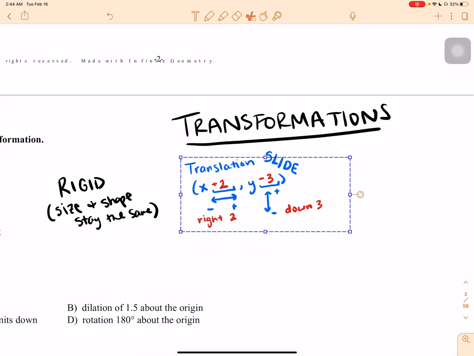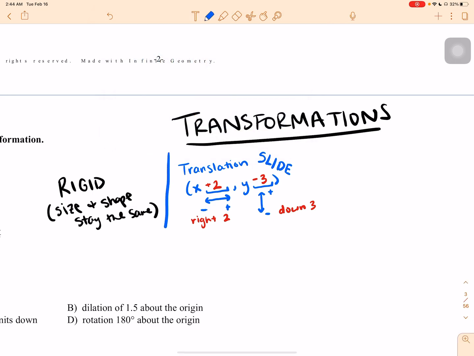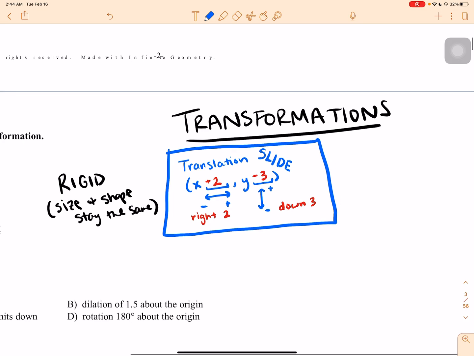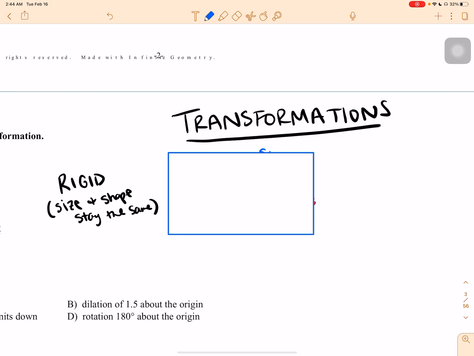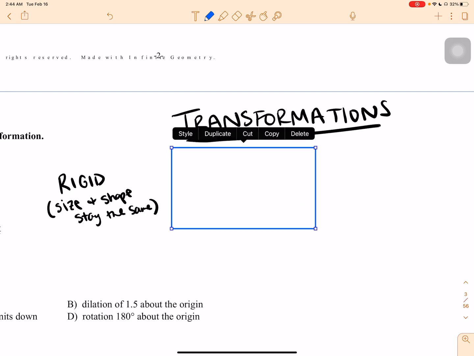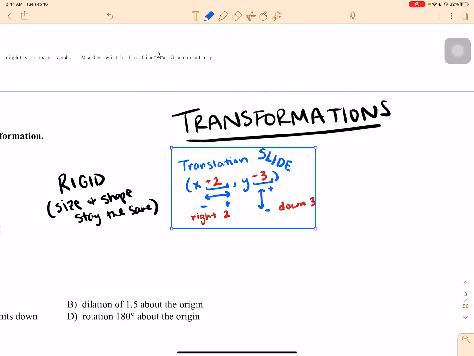So that is a translation. Okay, I don't really like that. Was a horrible little rectangle there. There we go. All right.